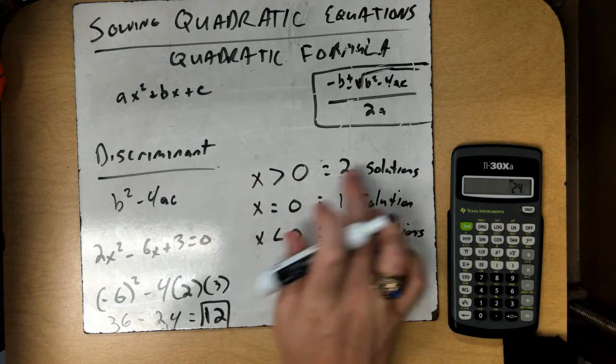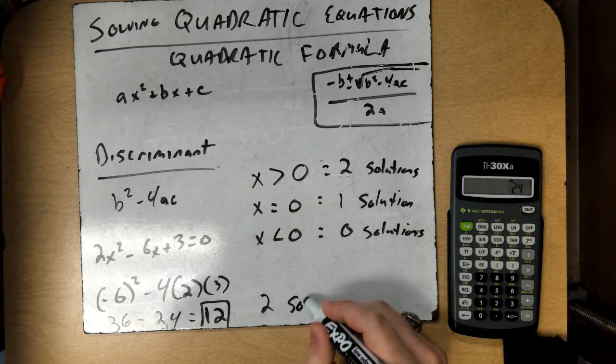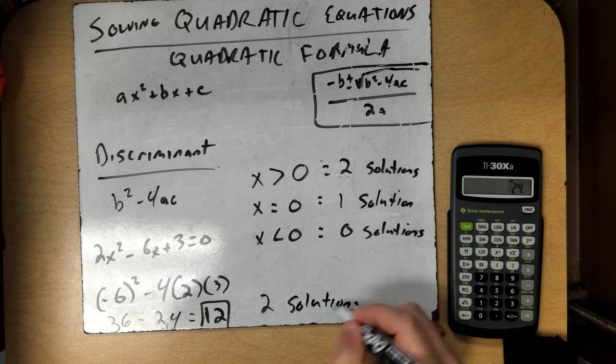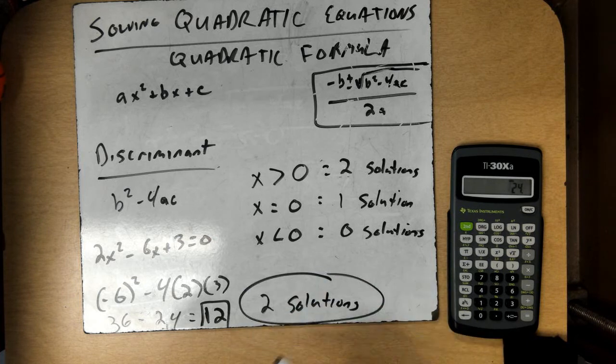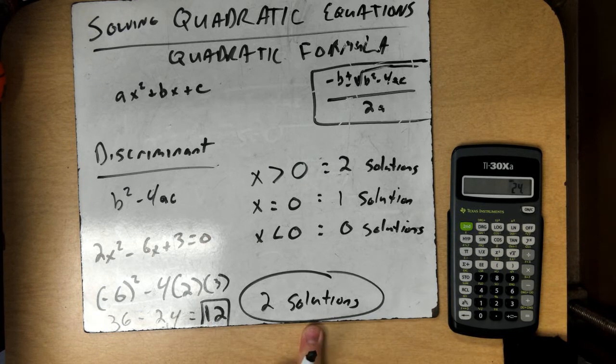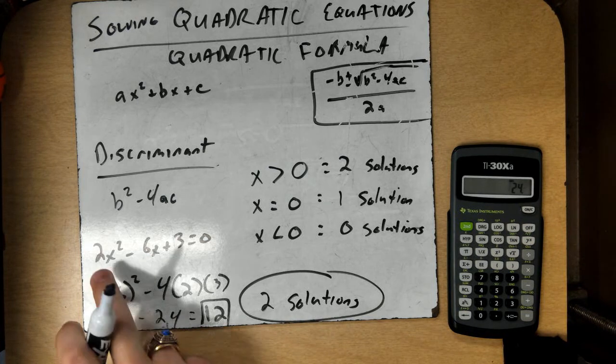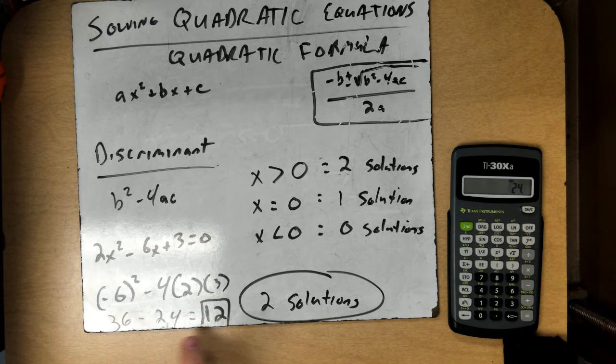It's greater than 0, so this has 2 solutions. So when you get a question like this, it's going to ask you to solve for x, and then tell how many solutions there are. So that's what you're going to do. Plug it into your b squared minus 4ac, solve for it, tell me how many solutions there are.